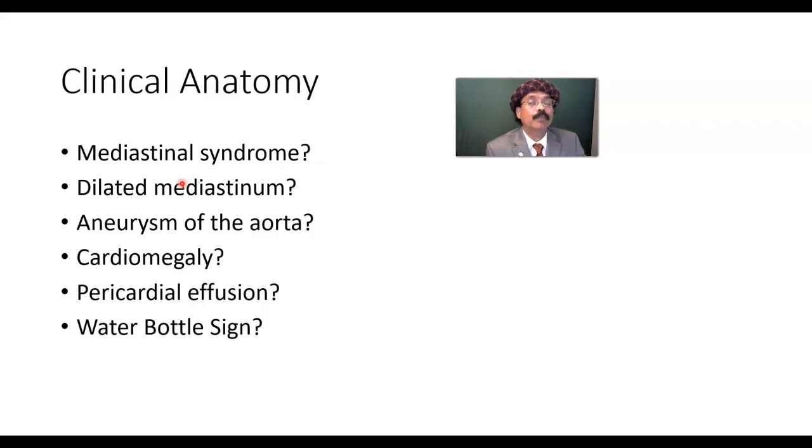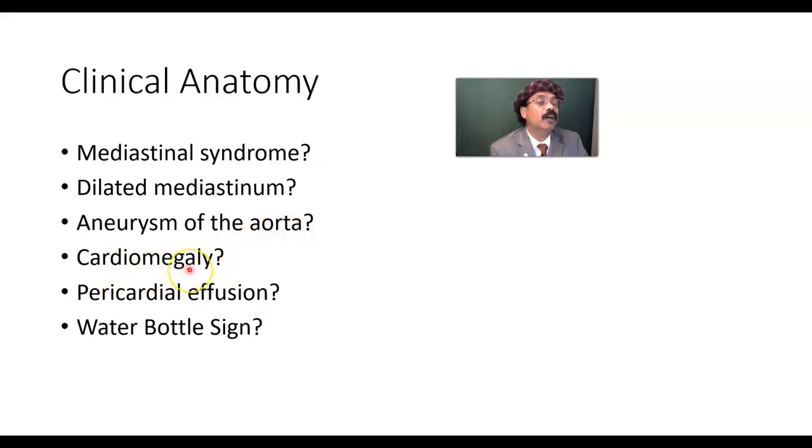Dilated mediastinum is common, especially in cases of cardiomegaly, aortic aneurysm, and pericardial effusion or cardiac tamponade. Aneurysm of the aorta is a very common condition. What is an aneurysm? Abnormal dilatation of a blood vessel, especially here the ascending aorta, maybe the descending thoracic aorta.